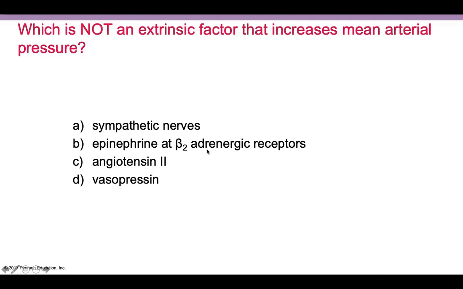It's not a hormone or the nervous system per se. It's going to be a local effect at the arterioles. It's causing vasodilation, and it's happening locally. And so those are the reasons that it's going to be B instead of the other three options. Okay. All right, so the answer here was B.